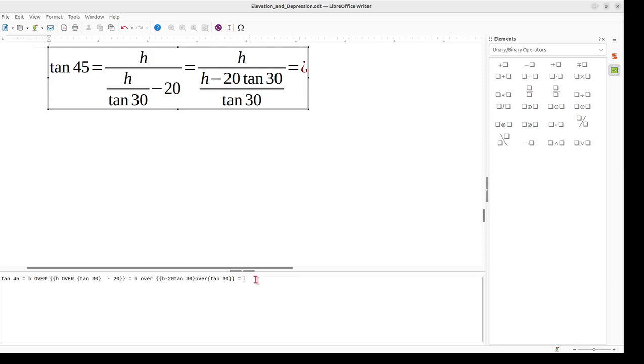So we have h multiplied by, instead of divide, the reciprocal of that, and the reciprocal is tan 30 over h minus 20 tan 30.